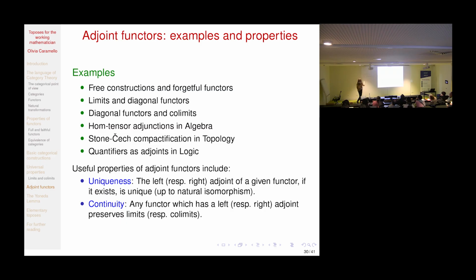Well, because we have a bijection between the morphisms of groups from F of S to any group G, and the morphisms in sets, namely the functions, from the set S to the underlying set of the group G. So we clearly have this bijection.